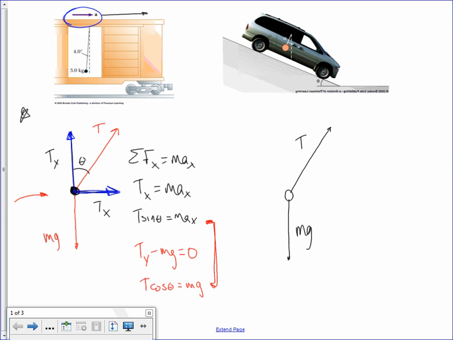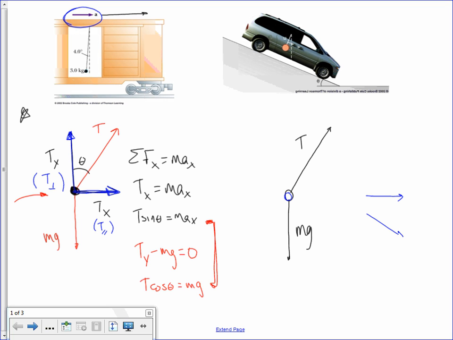And here, T gets broken up into Tx and Ty, which we really could, if you want, call T parallel to acceleration, T perpendicular to acceleration. So over here, the question is, what direction does this mass accelerate? Well, this one does not accelerate this way.